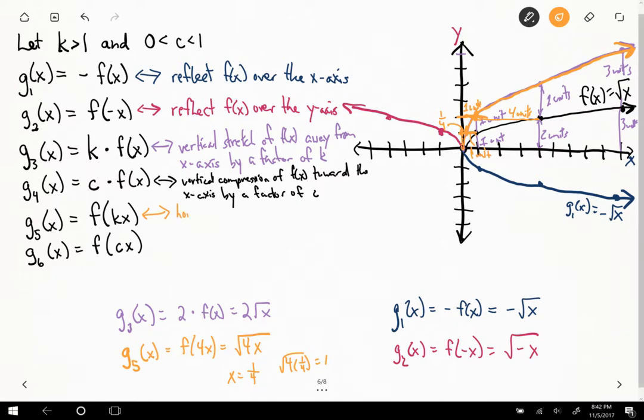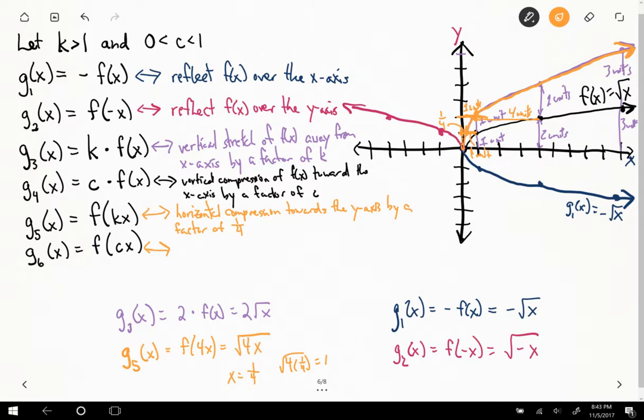This is a horizontal compression towards the y-axis by a factor of, and notice we were multiplying by 4 inside, but 1/4 showed up as our multiplier, so that's what we're compressing by every time.